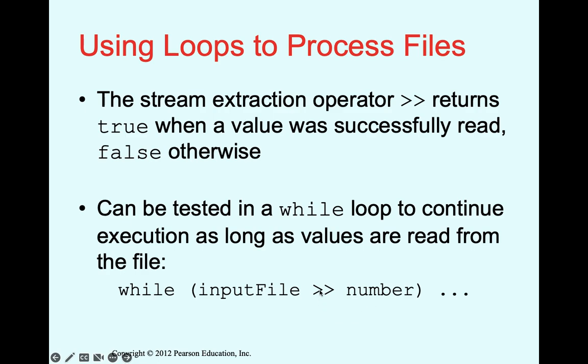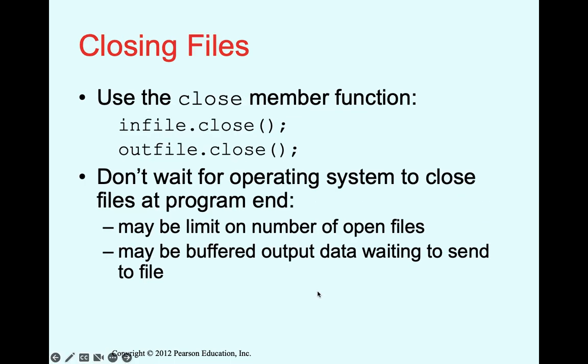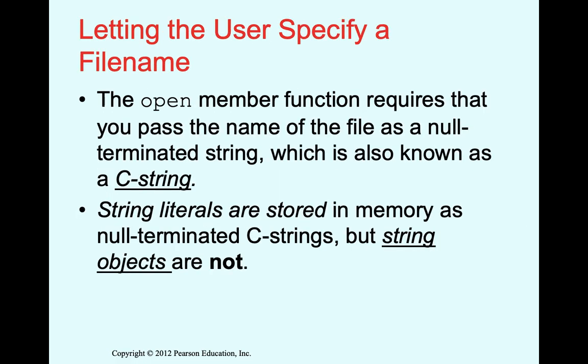This will keep inputting values and storing them in the variable number until I reach the end of the file. And at the end of the file, we need to close the file. Usually if we don't close it, the operating system will close it, but it's highly recommended that we close it ourselves because otherwise we might get problems.